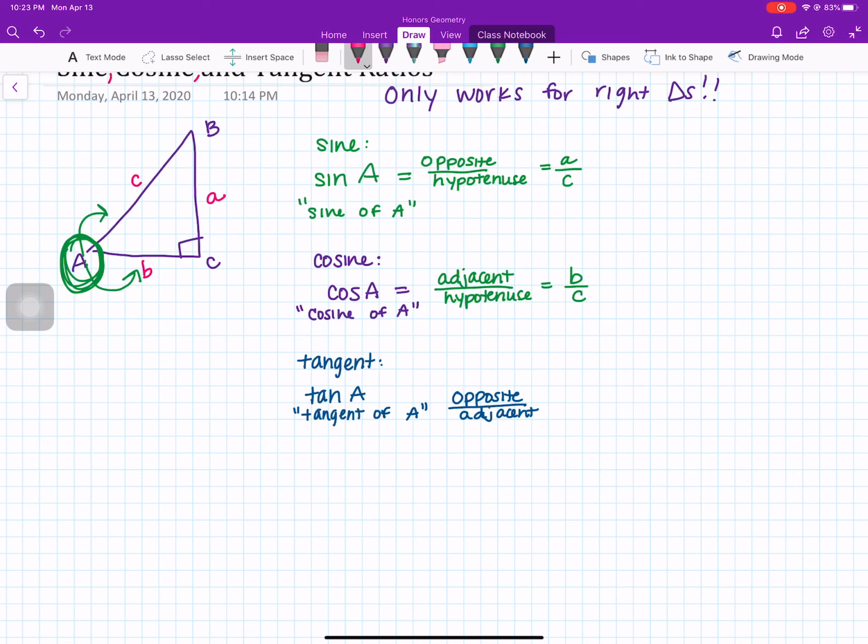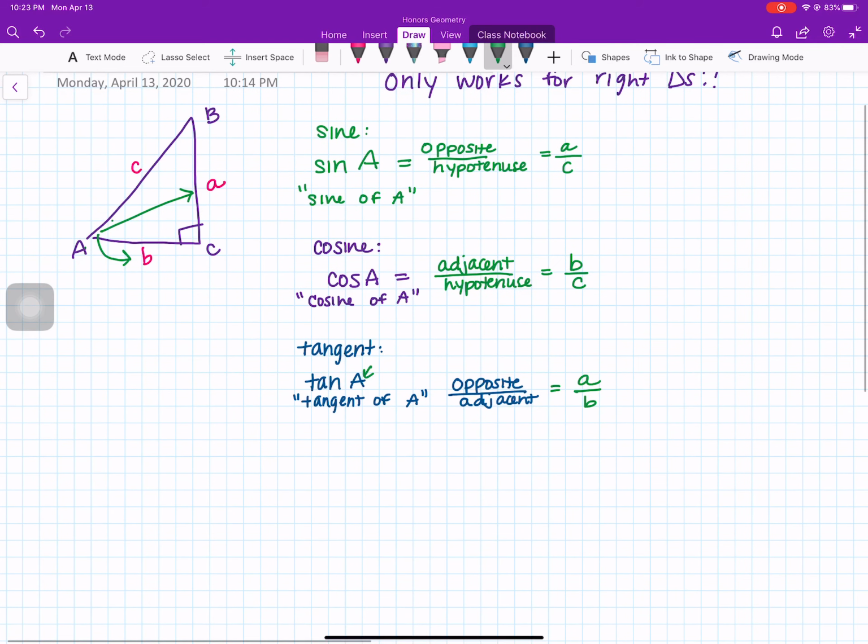So if you're looking at your triangle and you're looking at angle A, the opposite side of A is A. The adjacent side of A is B, again, because C is the hypotenuse. And that would be your ratio.